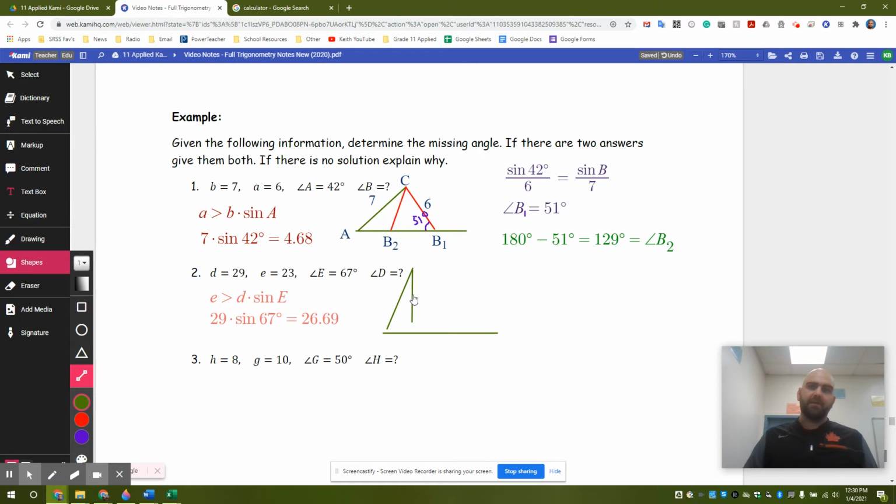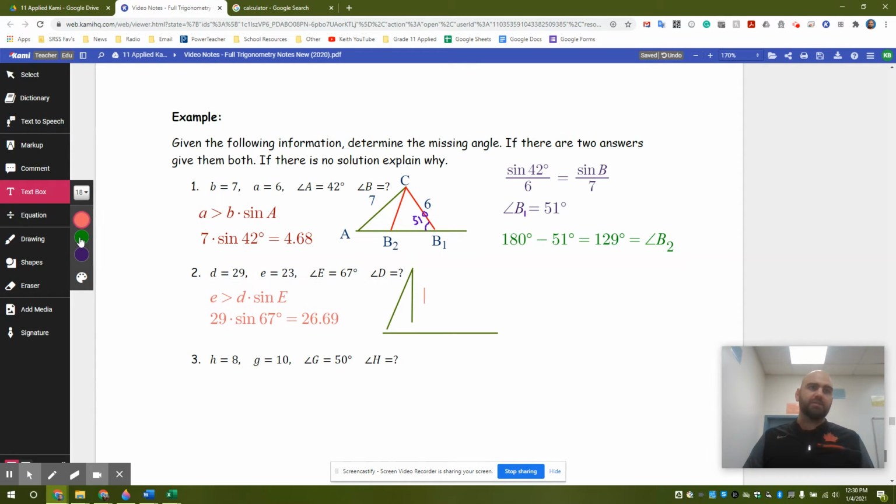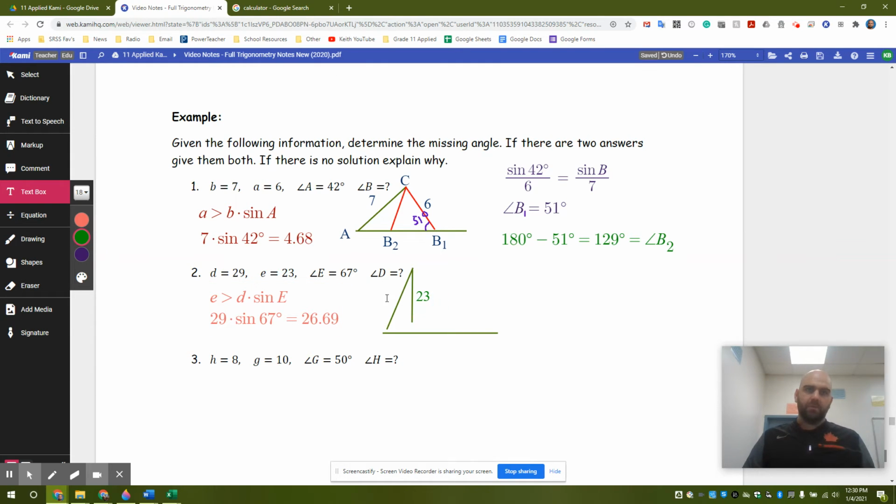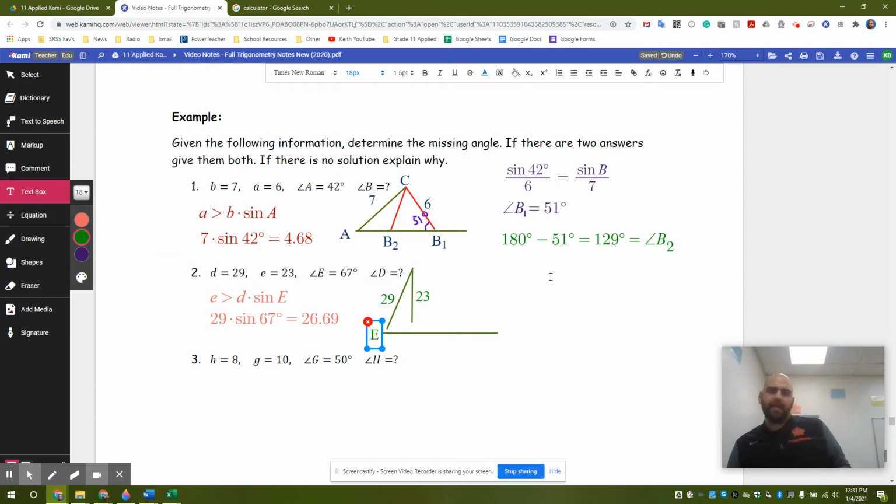Because of that, we can't actually solve, because this isn't long enough. This one here is 29, and this was our angle E. So in this case we can't actually solve for it, which means you're not going to get a measurement.